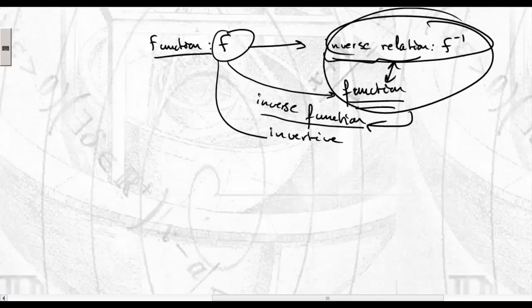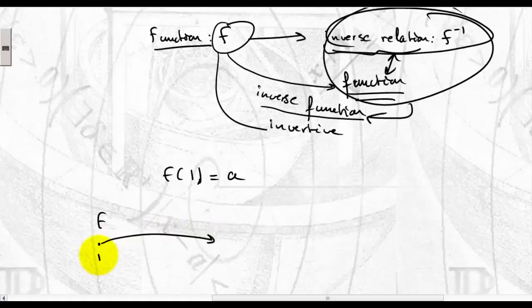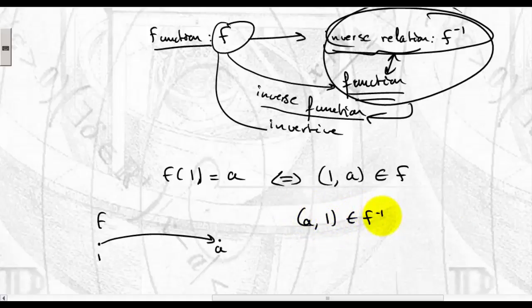So, another example, if f of 1 is equal to a, right? f brings 1 to a. Or another way of saying that is (1, a) is on the graph of f, is in the function f. Then we have (a, 1) in f inverse, right?